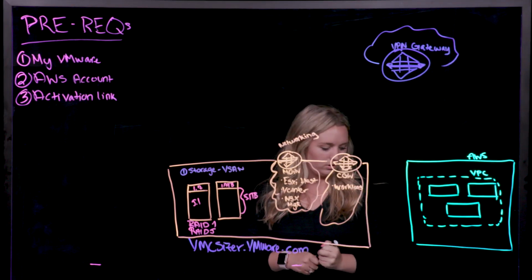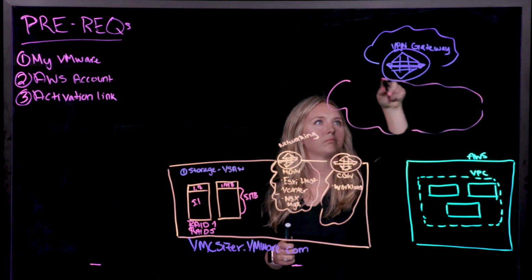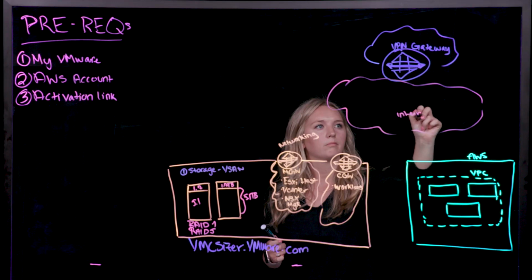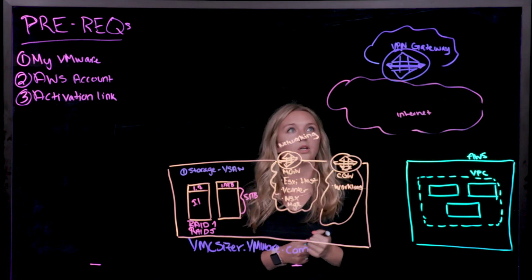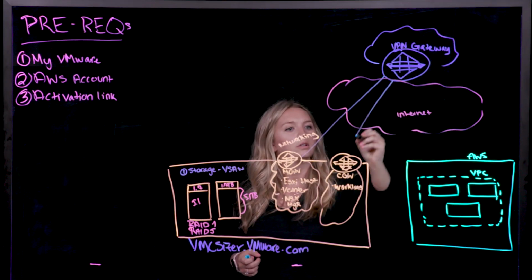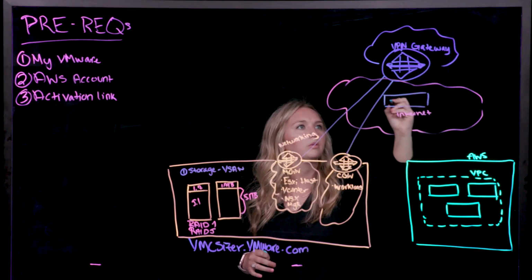And then this will be the internet in here. So how we recommend you connect your customer on-prem or your on-prem environment to VMware Cloud is going to be with an IPsec VPN.